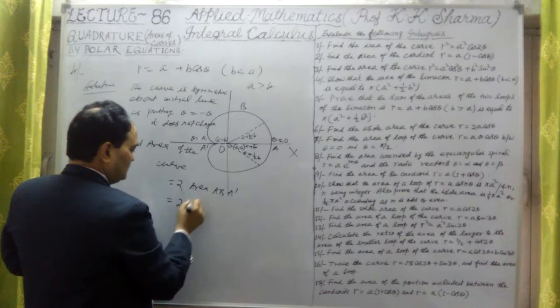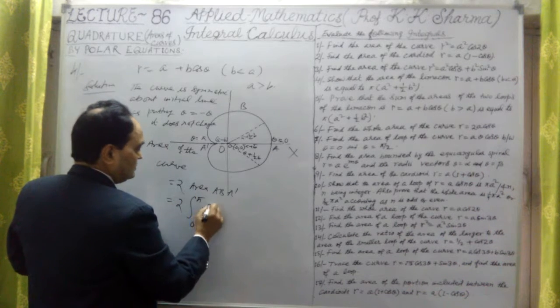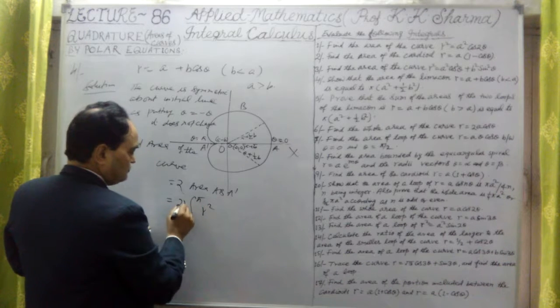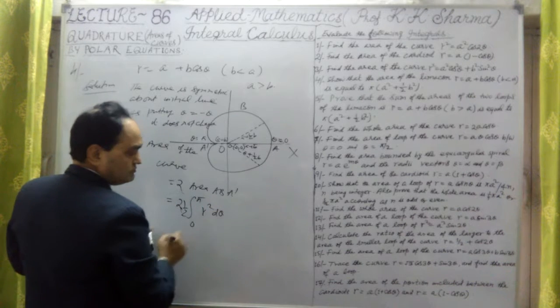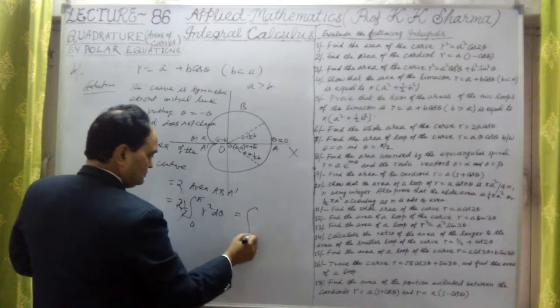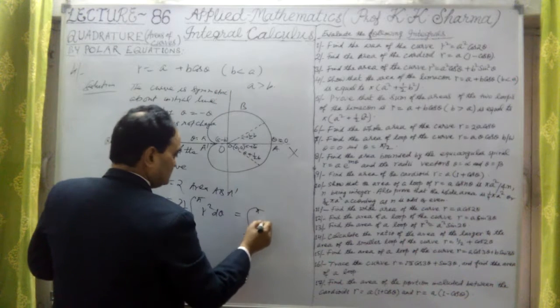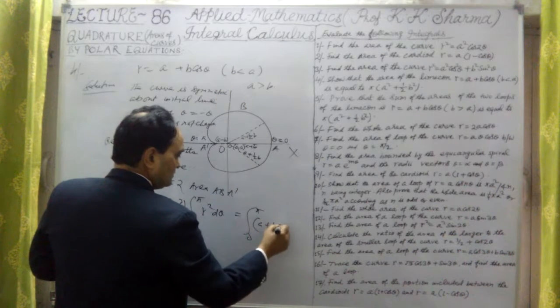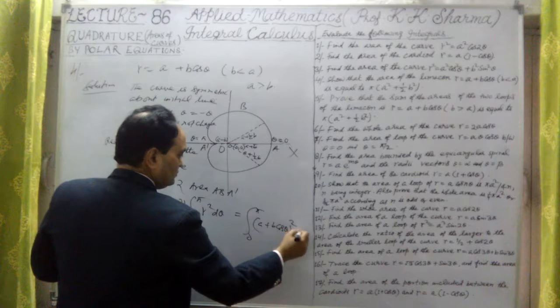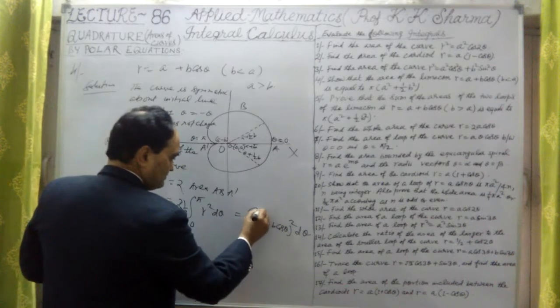Or this is equal to twice, limit 0 to pi, one by two into r square d theta. You substitute the same formula, 2 cancels out here. This is 0 to pi, r square is this value, a plus b cos theta whole square into d theta, just 0 to pi here.